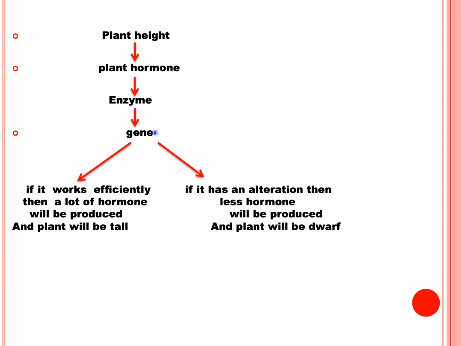But if the gene for that enzyme has an alteration that makes the enzyme less efficient, then less plant hormone will be produced and ultimately the plant will be dwarf. Thus, this is how the genes control characteristics or traits of the organisms.